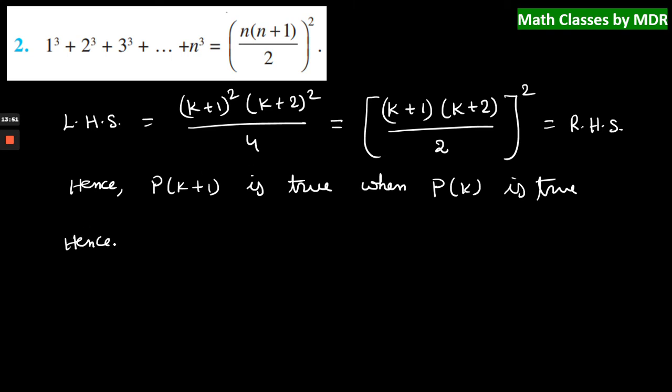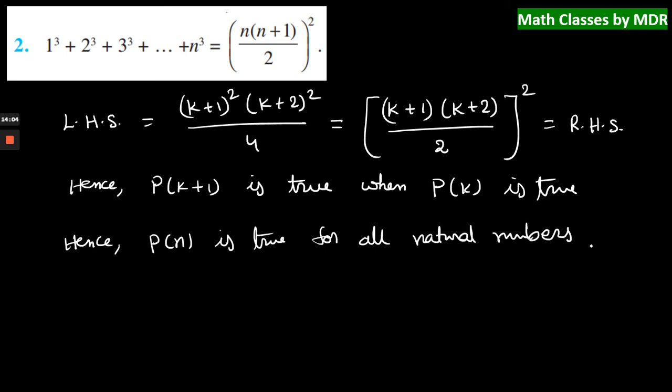Hence P of n is true for all positive integers, for all natural numbers. If you want to write, you can add: from the principle of mathematical induction.